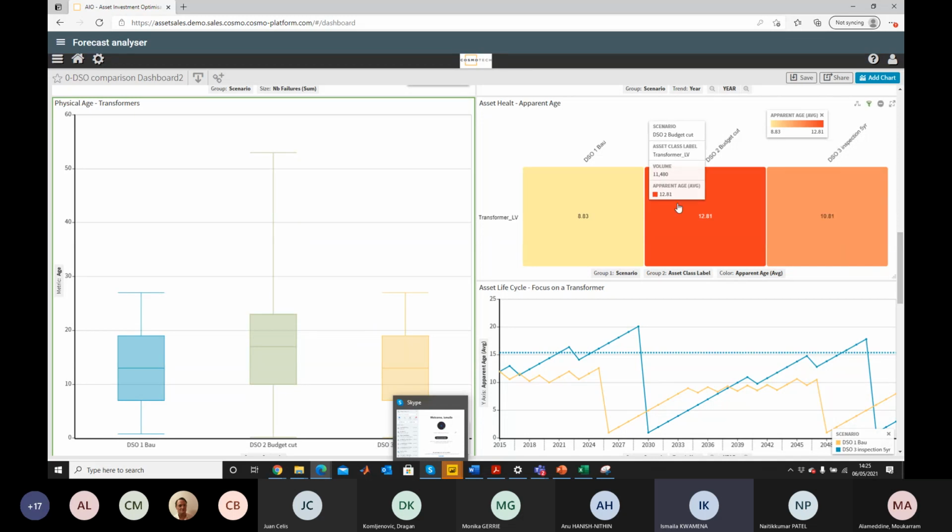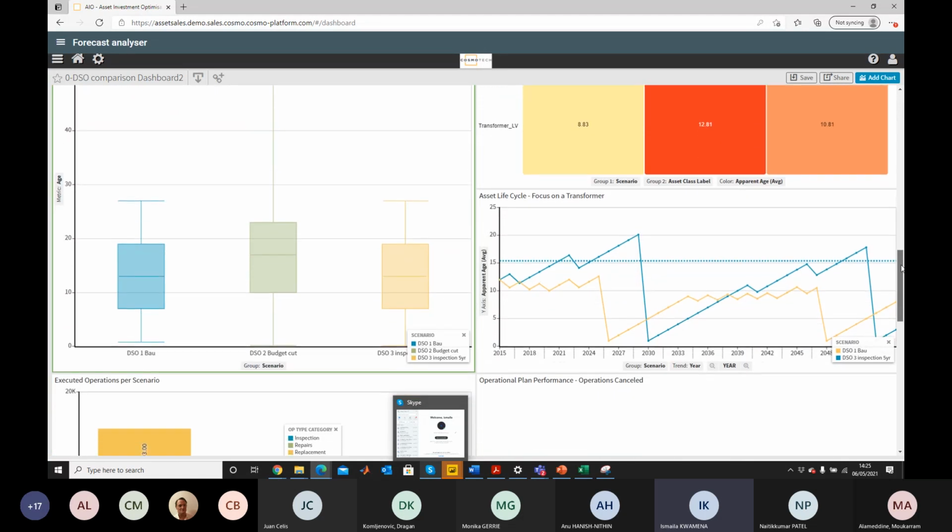Also, looking at the apparent age over here, we can see that the business as usual has the lowest average for the overall network. And these numbers over here are important when calculating the health index of the assets.